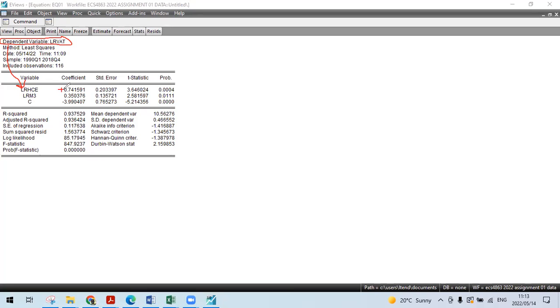Can you see that? It's showing that there's a positive relationship between the two variables. So we are saying there's a positive relationship between VAT collections and what? Household consumption expenditure.